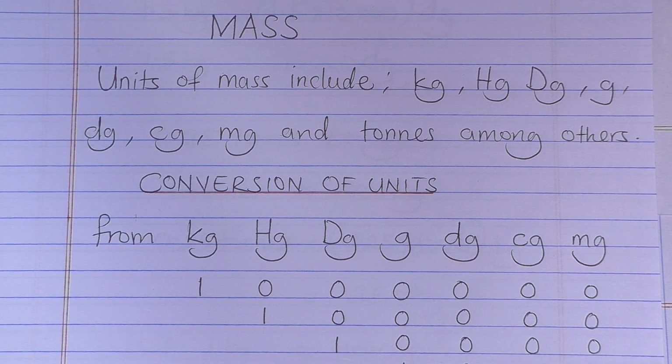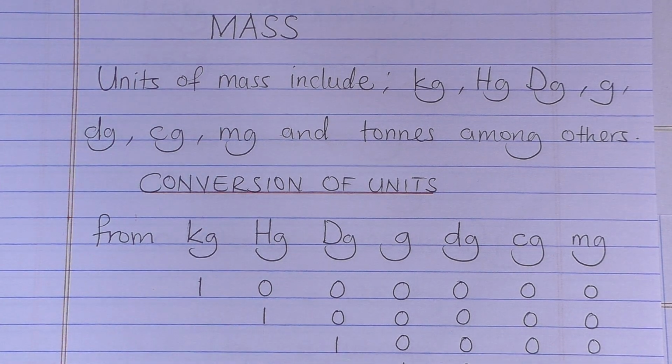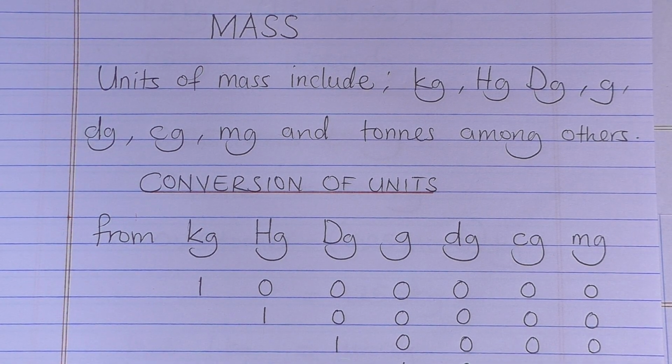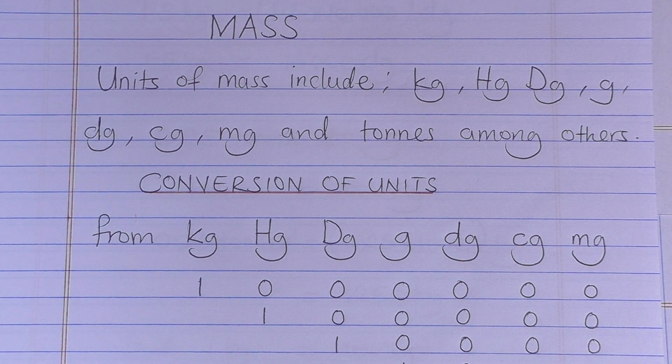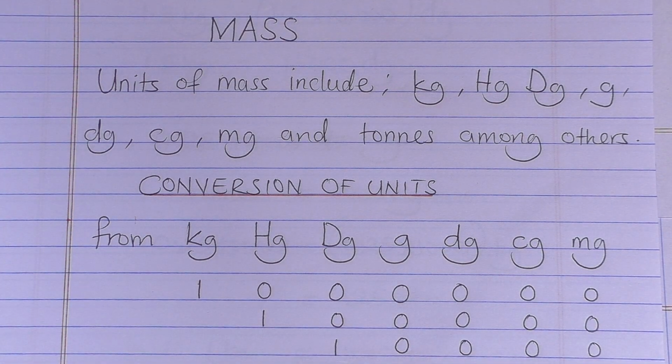Then the difference will give us the mass of the air. However, it is a very small value, since air is very light and less dense. Otherwise, now let us look at how we convert units of mass.